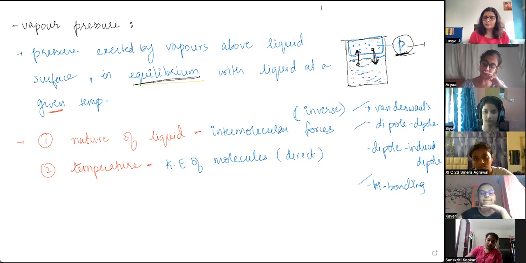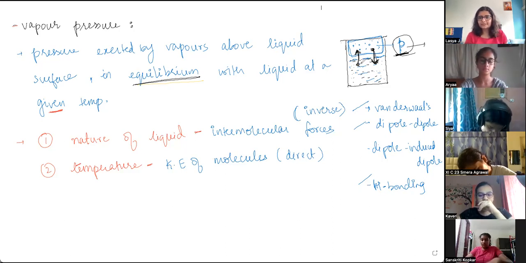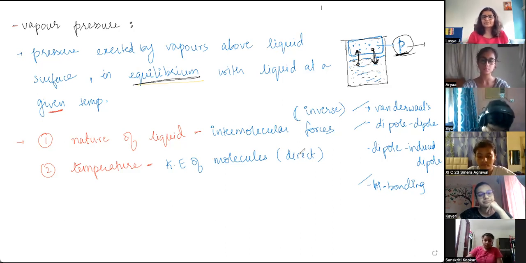Higher polarity or higher intermolecular forces means vapor pressure will be less, because the molecules are held tightly by each other. They won't be able to escape easily. This is a direct relation. This is an inverse relation.